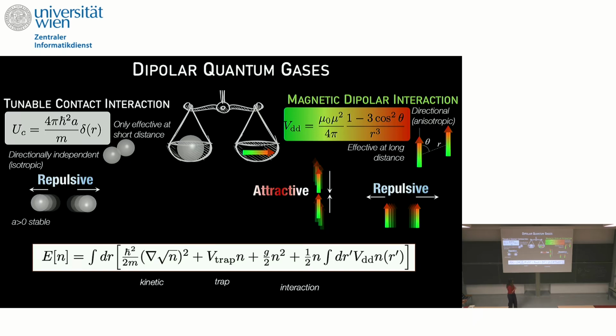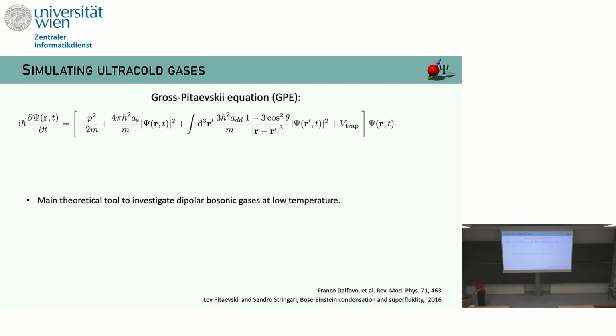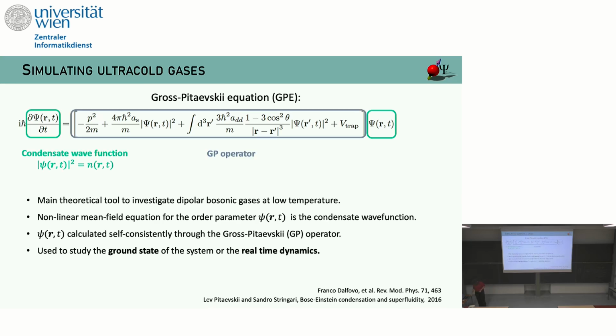And actually, this Gross-Pitaevskii, if you solve it numerically, describes very well, in many, many cases, the physics, but not in all the cases. So basically that's just simply the energy functional coming from the Gross-Pitaevskii equation with dipole-dipole interaction.